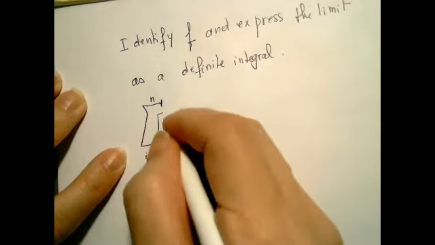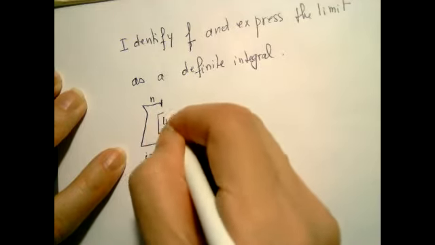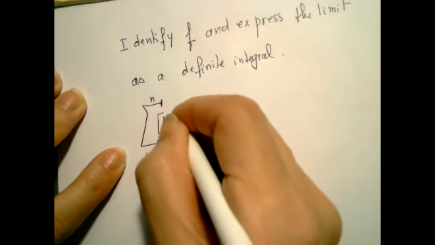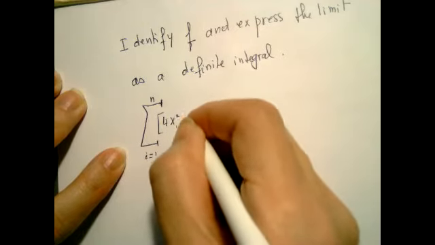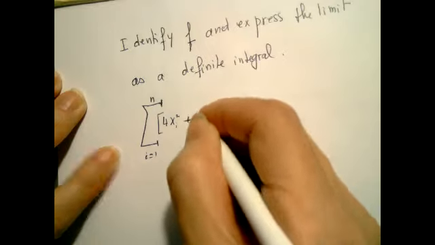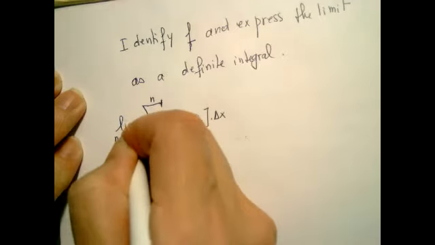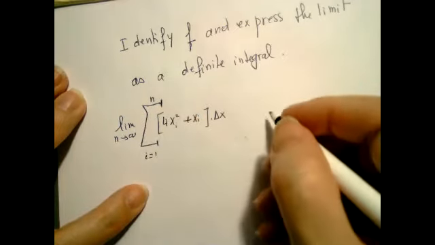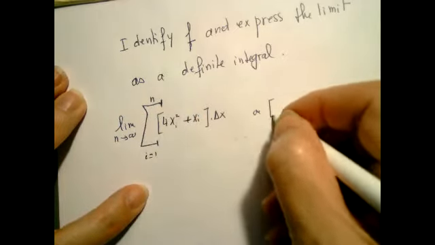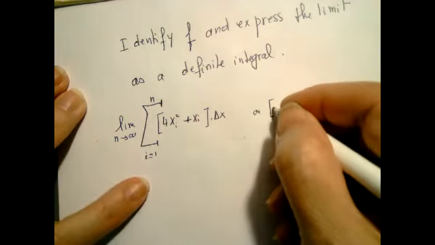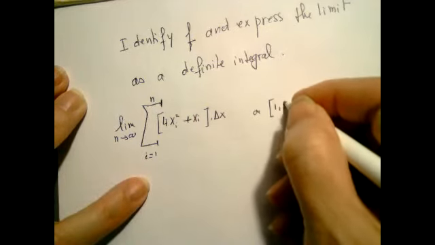Delta x of 4 xi squared plus xi, and the limit as n tends to infinity of this sum on the interval. So I'm going to give you the interval 1, 5.